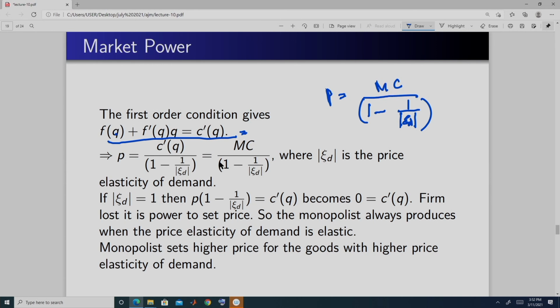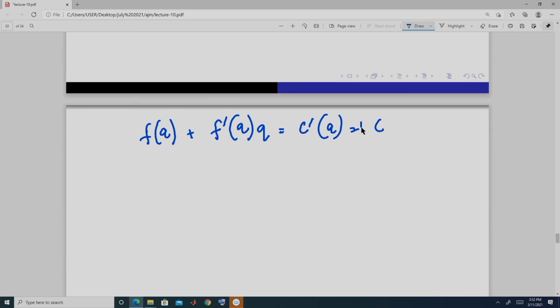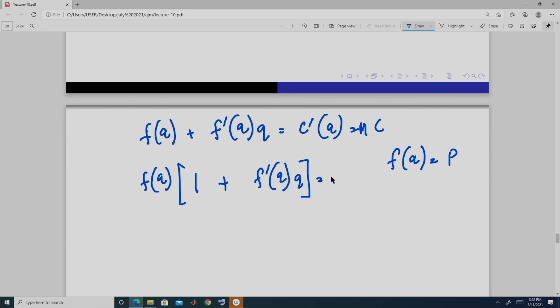How do we derive this? The first order condition gives us this. This portion is equal to marginal cost. Now, we know this is equal to price. So, if we take that common, we get this.